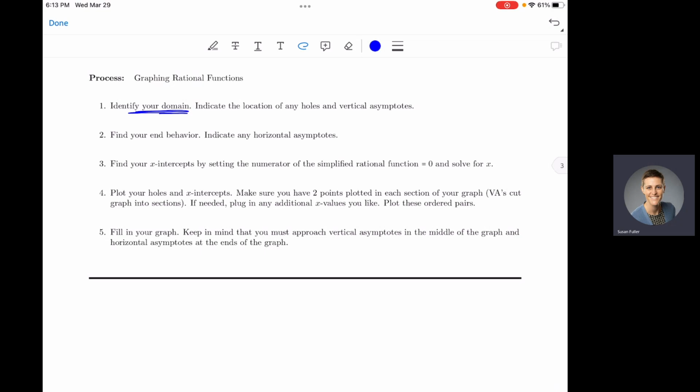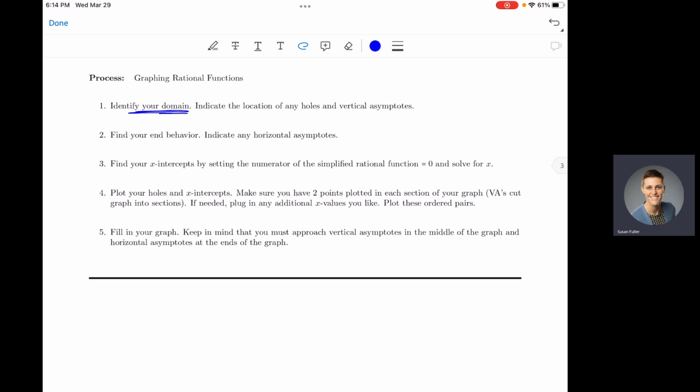We don't want to allow our denominator to go to 0. The places where our denominator is equal to 0 create holes and vertical asymptotes, because those two things say, hey, I can't have an x value here, because if I try to plug x in, my denominator is 0 and no y value comes out. That's kind of what these mean.